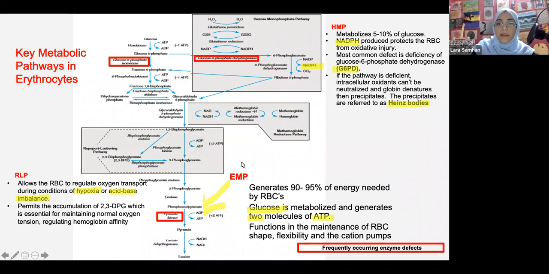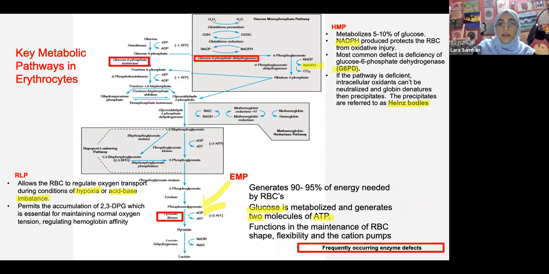Since we already talked about anaerobic glycolysis or the EMP pathway, we said that this pathway starts with 1 glucose molecule, ends up with 2 ATP molecules, and the most common enzyme that gets defected in it is pyruvate kinase. If this enzyme gets defected, we're going to have an abnormal structure of the RBC, and the RBC isn't going to be able to perform its normal functions throughout the body.